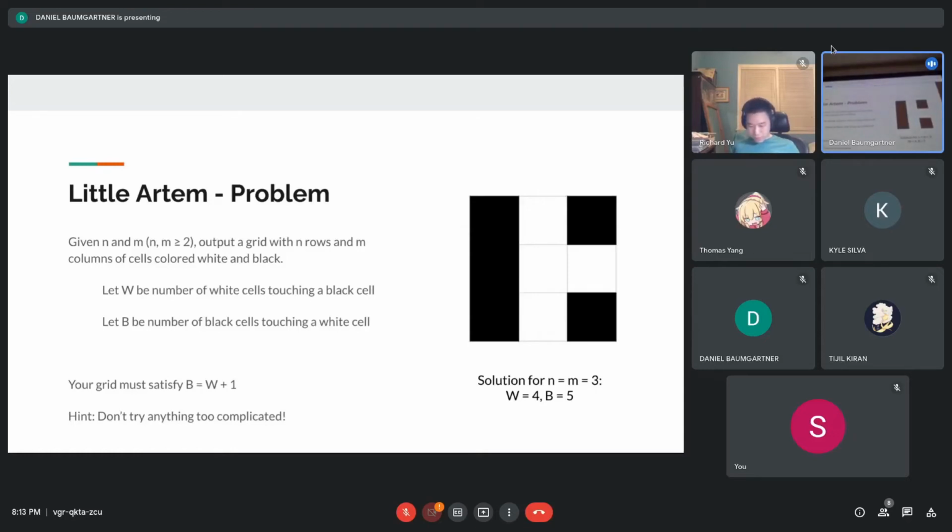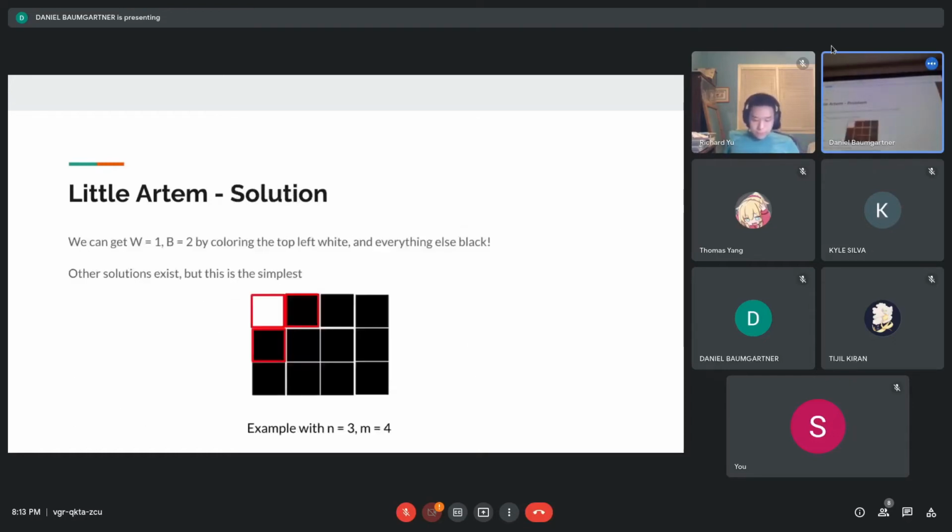You have the solution just the other way around, because B equals W plus 1. So that's very nice. We have the solution. Basically we want to make a very convenient looking grid, and that grid would be to just put a white square in the top left corner and then make everything else black.